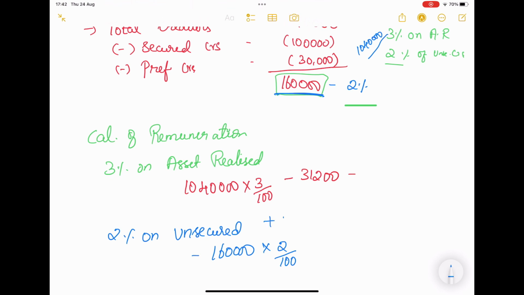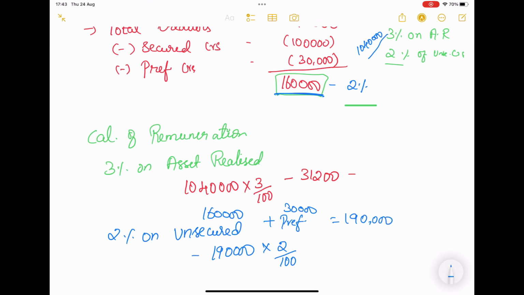We have to add preference also. Okay. So 1,60,000 plus 30,000 is 1,90,000. So unsecured creditors is 1,60,000, preference 30,000. If we add, we'll get 1,90,000 as the value.